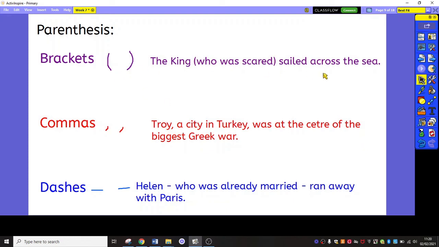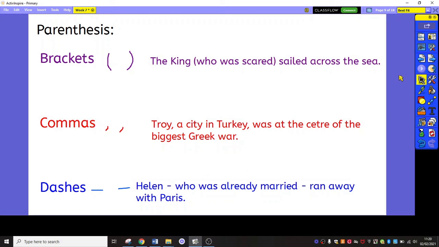So write your sentence, you might then pick one of the nouns and add the detail in the form of a relative clause, and then you can surround it with your parenthesis, either your brackets, your commas, or your dashes.